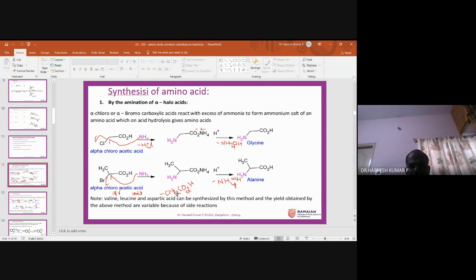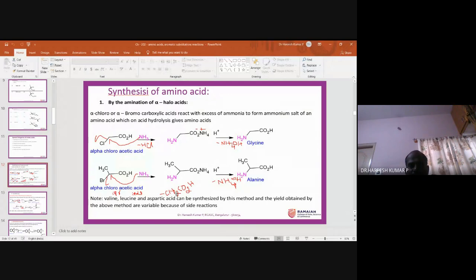In our previous class, we discussed what amino acids are, their classification, acidic amino acids, and neutral amino acids. There are 20 amino acids, and their examples, with the structure and symbol, also we discussed.